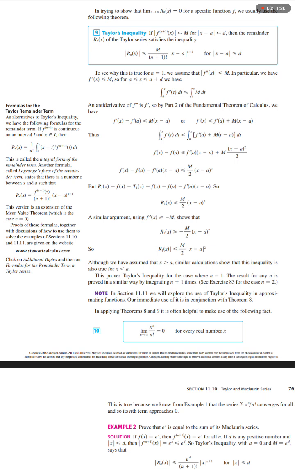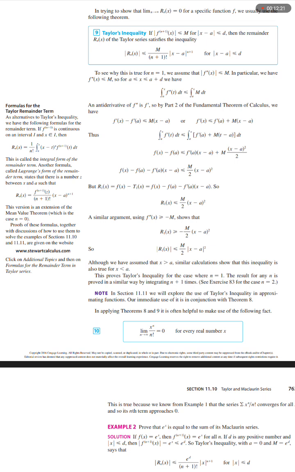Thus, the integral from a to x of the first derivative of f at t dt is less than or equal to the integral from a to x of [the first derivative of f at a plus big M times (t minus a)] dt. f of x minus f of a is less than or equal to the first derivative of f of a times (x minus a) plus big M times (x minus a) squared over 2.